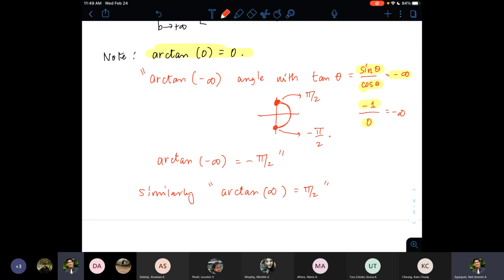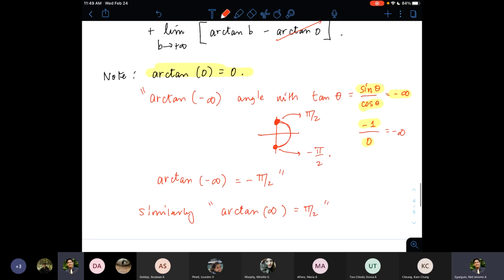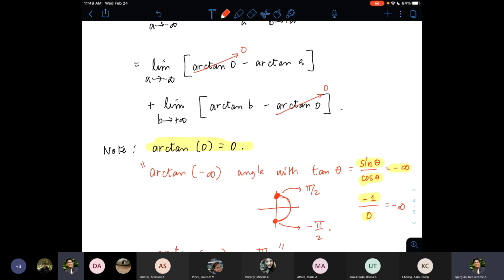And that would be pi over 2. Okay, that's when the number inside the arctan is positive infinity. So with those in mind, we know that arctan of negative infinity is minus pi over 2, and this guy is pi over 2.